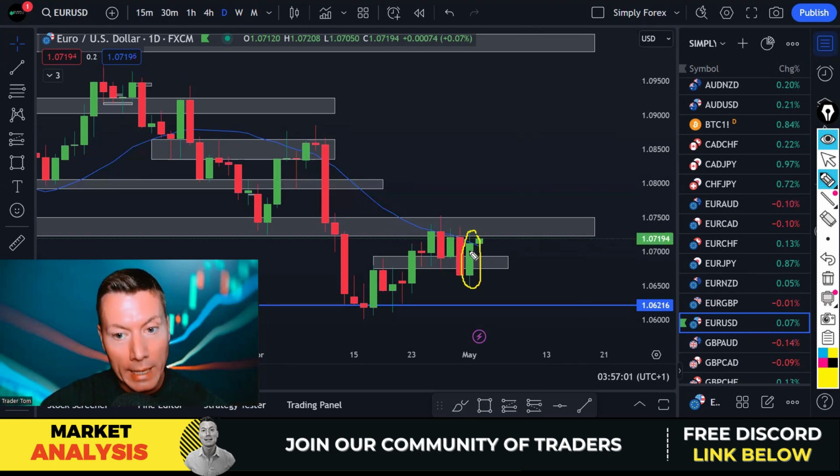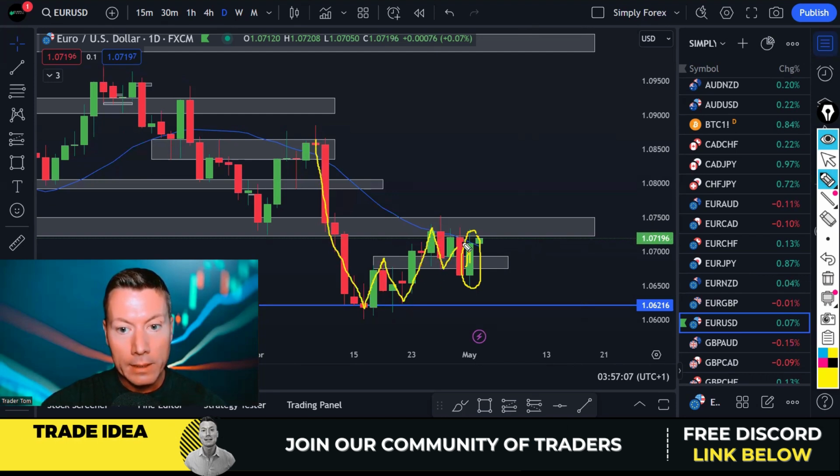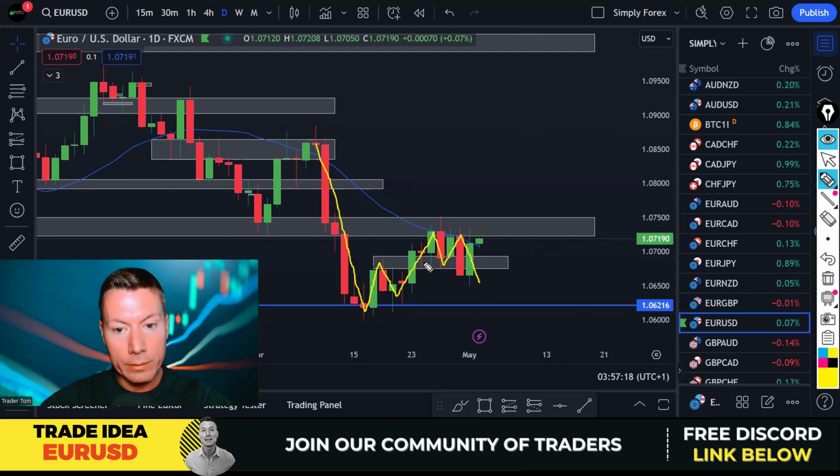I know this is a bullish candle, but price will want to carry on with trend. So we are still in a downtrend. Let me just draw that again, guys. It's in this downtrend, and we've still broken these lows and got lower lows.